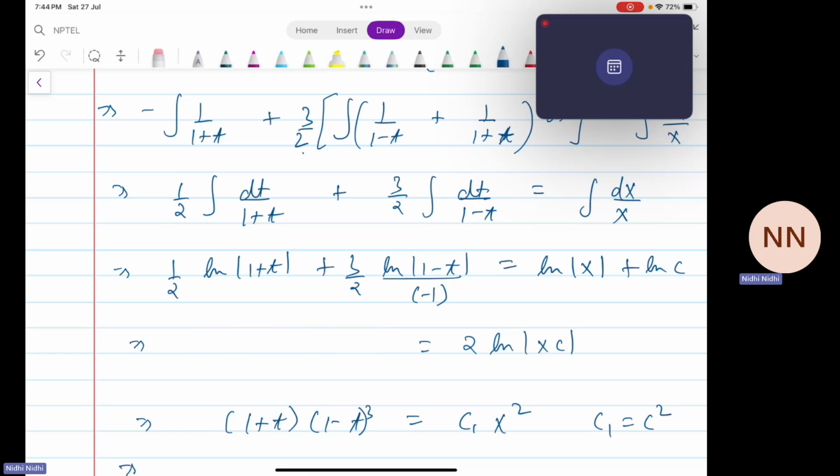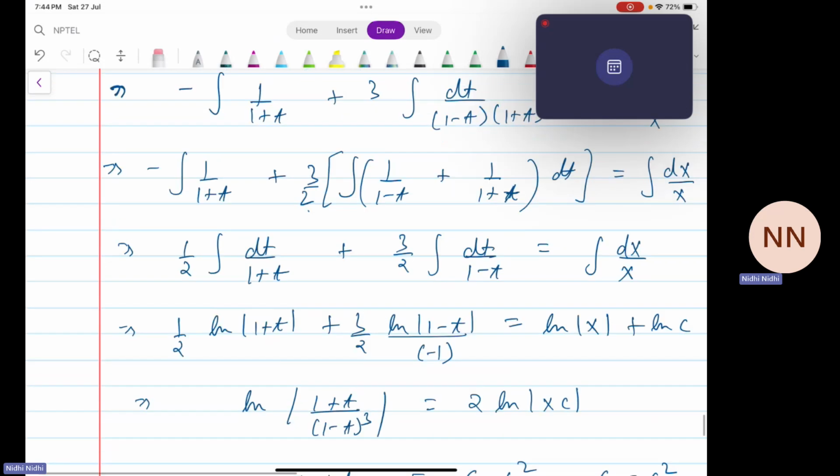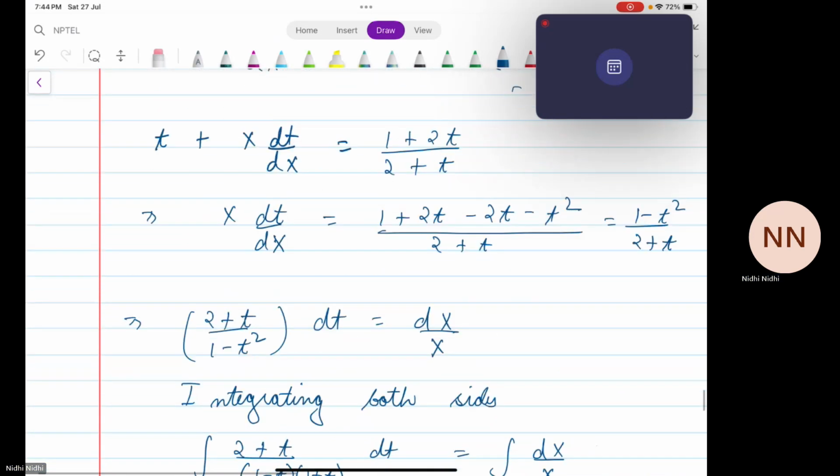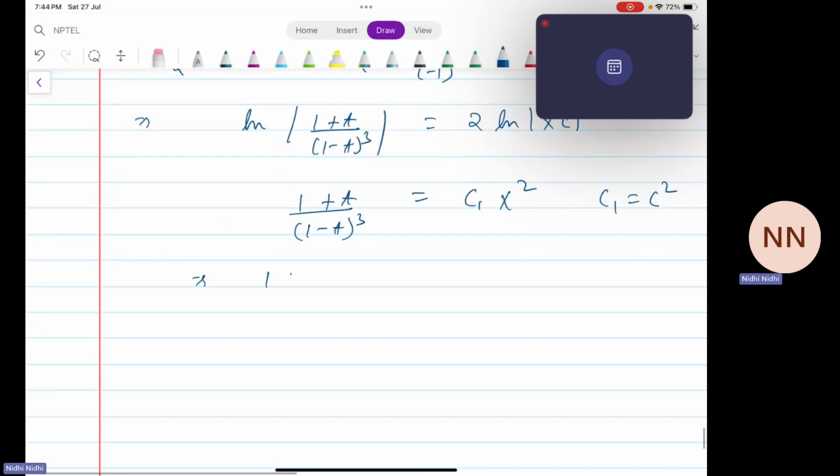So the integral would be ln (1 plus t) upon (1 minus t) cube, because we have a minus, which gives us (1 plus t) by (1 minus t) cube. Now putting the value of t, what was t? t was y by x.